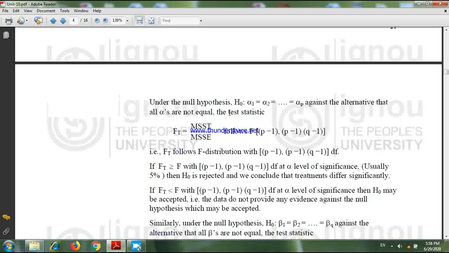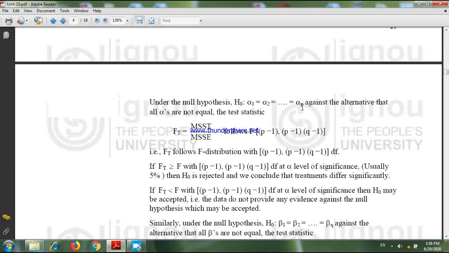The null hypothesis is alpha 1 equals alpha 2 equals alpha p. That means the null hypothesis is that the treatments do not differ significantly, that is, effects of all the treatments are same, against the alternative that at least two treatments differ significantly.